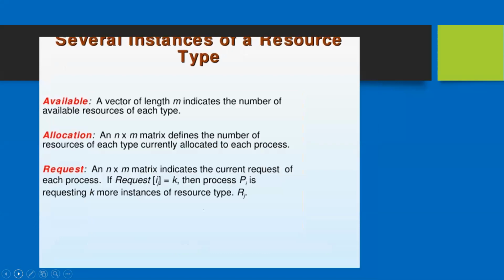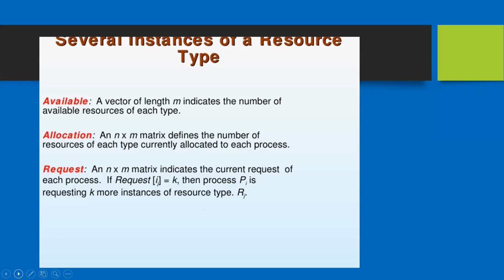Several instances of resource types are available in the system, and we will keep 3 types of data structures. Available, a vector of length m, indicates the number of available resources. Allocation, an n cross m matrix, defines the number of resources of each type currently allocated to each process.